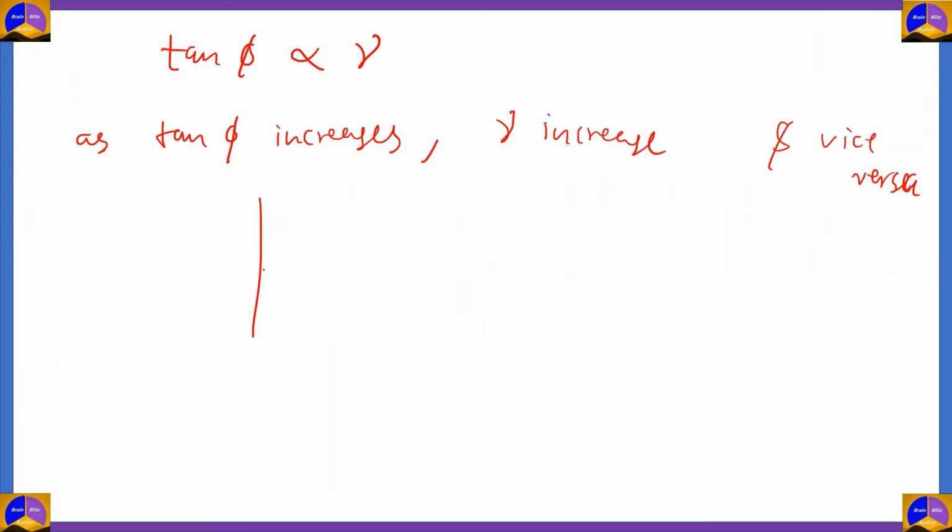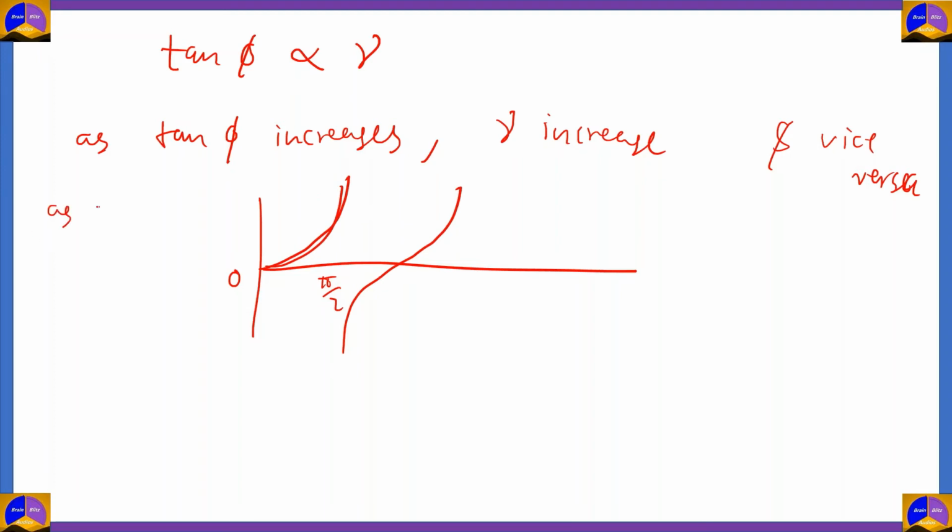And if we draw the graph for tan, you notice that from 0 to pi by 2, the graph is increasing. That means that as tan phi increases, the value of phi also increases. And the value of tan pi by 2 is infinity, so that's the maximum that anything can reach. So if tan phi is up to infinity, then phi reaches pi by 2.